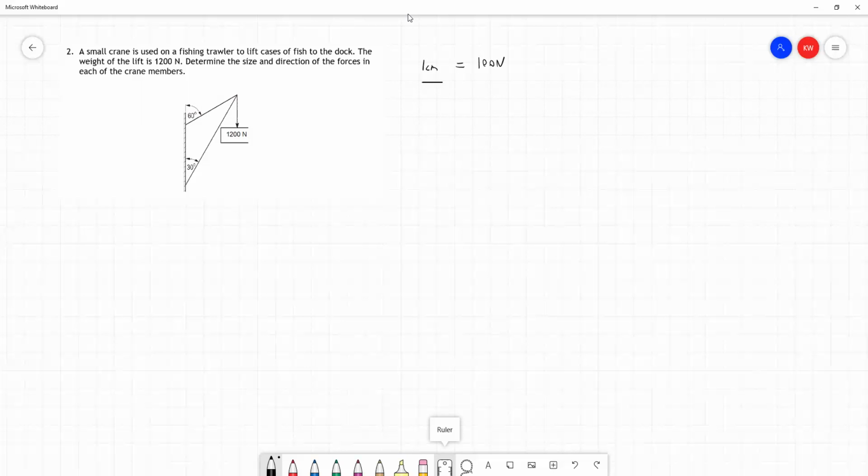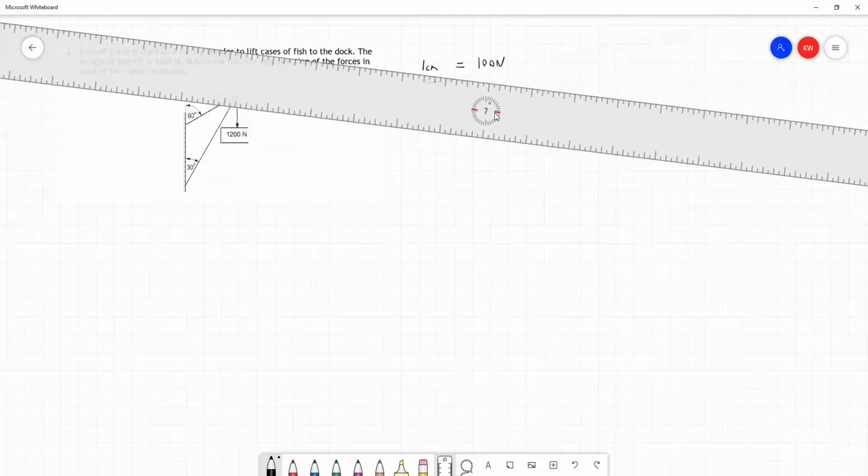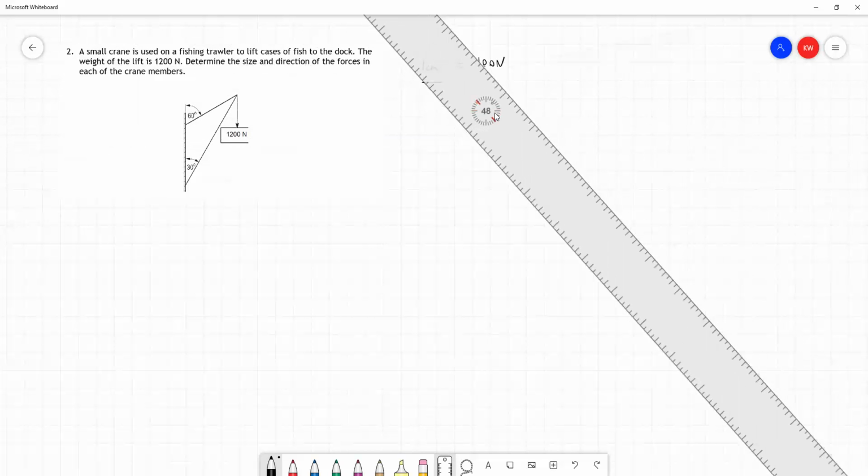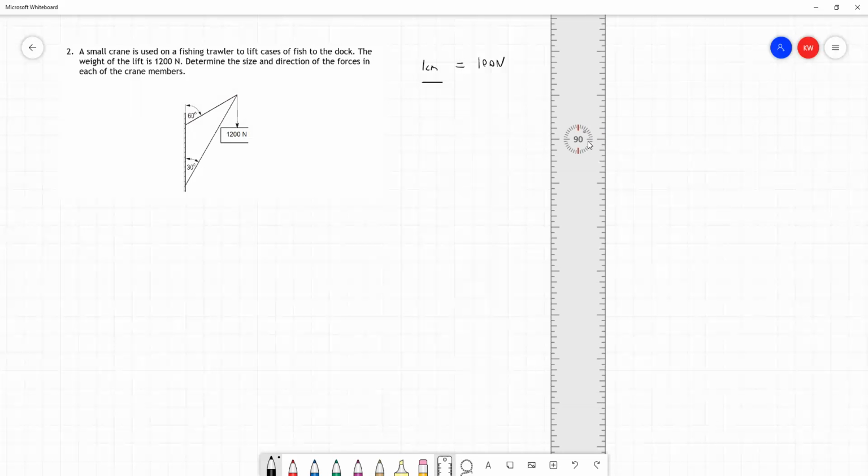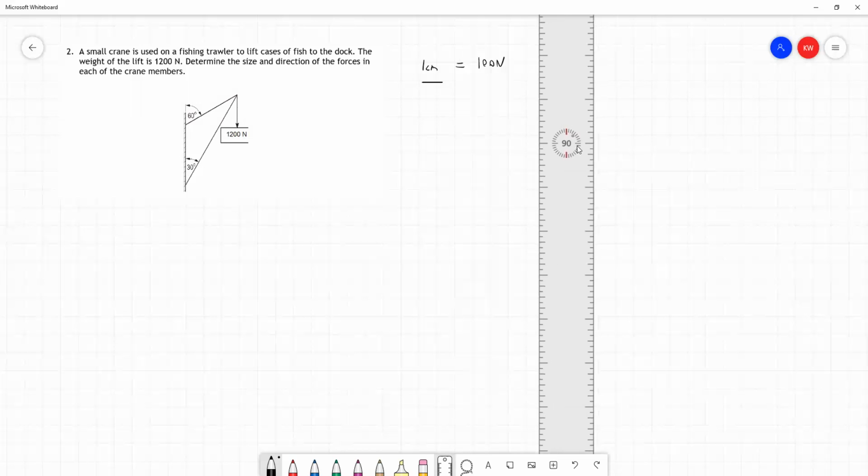But for A4, we'll try and keep it within the bounds of that. And we can start off by drawing that line. So we know we have a vector pointing down. We've got this force that's due to weight. It's acting downwards. So we can draw a perfectly straight vertical line, and we can make it 12 centimetres long. And that's going to be our starting point.